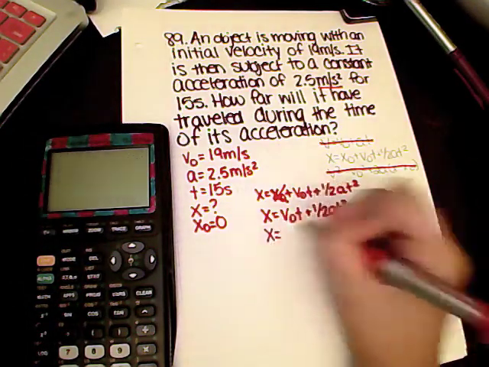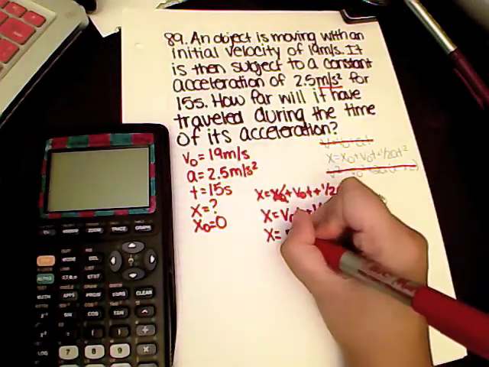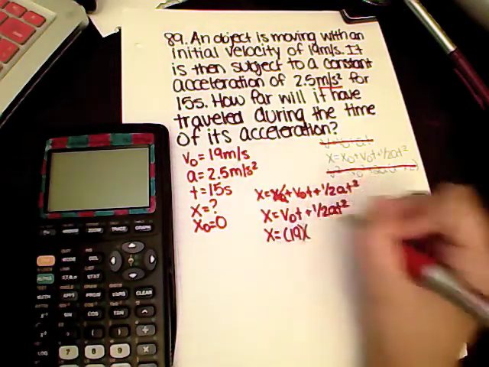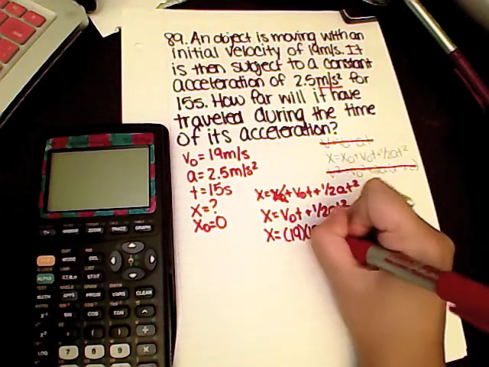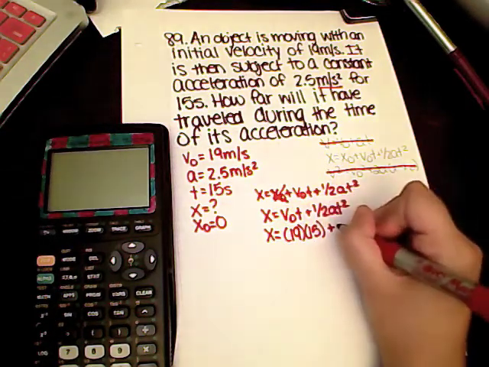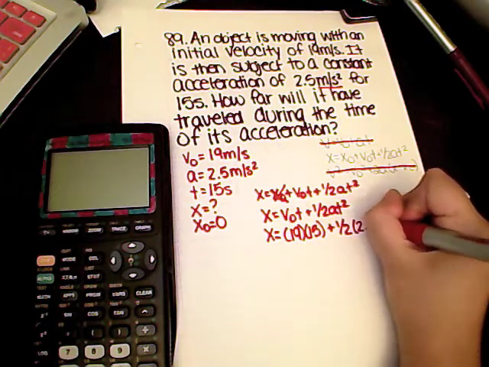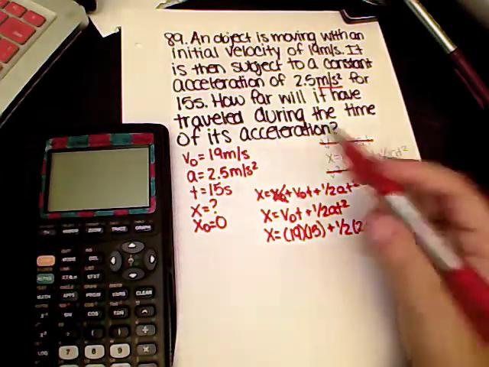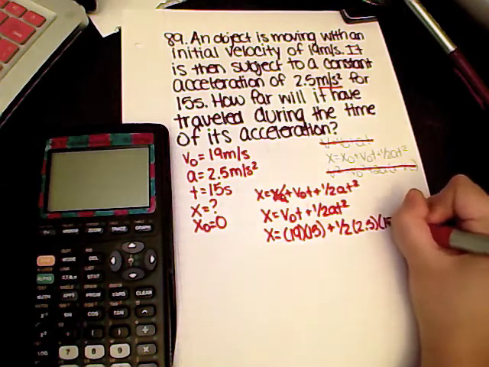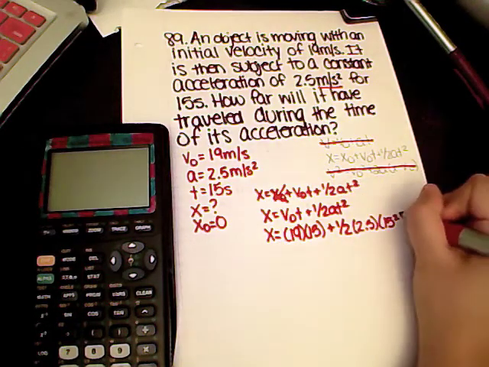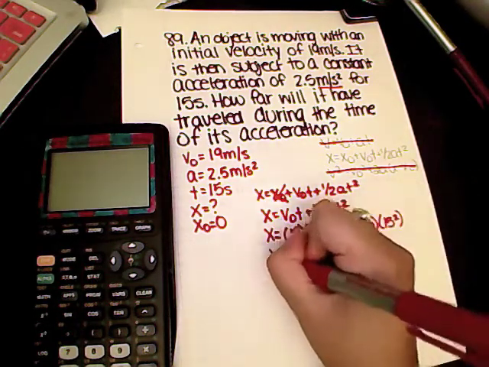So x equals our v naught, which is 19, times our t, which was 15, plus 1/2, times our a, which is 2.5, times our t, which is 15, and we need to remember to square it, because that t is squared. So we can do the next step.